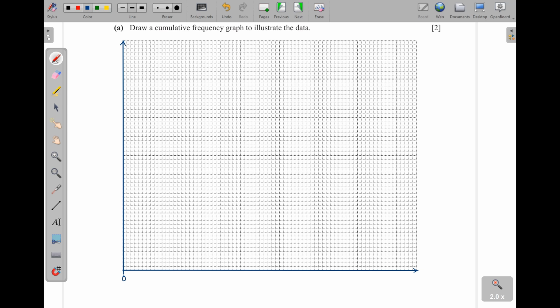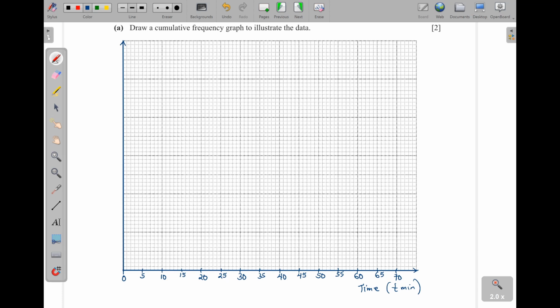Then this will be 10, 20, 30, 40, 50, 60, then 70 here. Now in the middle, that will be a 5, then this is a 15, and this is for the time, t minutes.